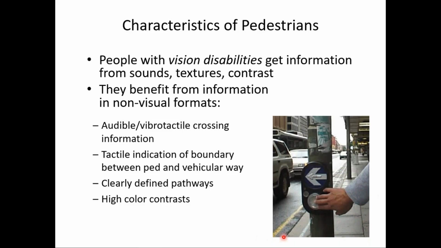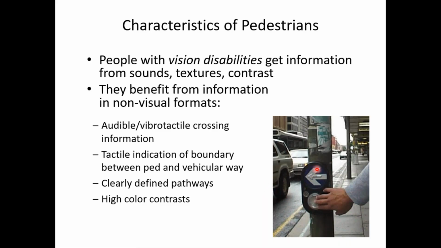But notice on the device here, here's the push button, of course, but notice this raised arrow. This is called a tactile arrow. It can be felt by the fingertips of a visually impaired pedestrian. It's lined up with and in the direction of the crosswalk. And so that's an assistive technology to help them cross the street.